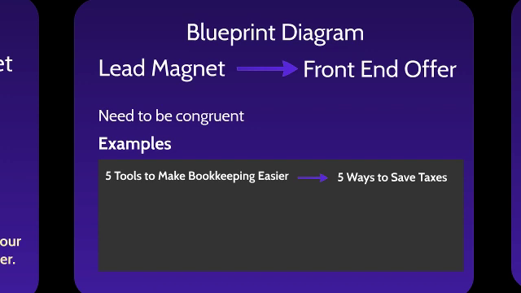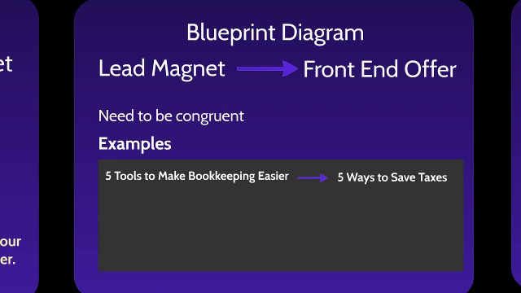So at this point in time, I'm thinking tools, bookkeeping. I would more likely be interested in a software tool that automates my bookkeeping or makes life easier as far as the frustrations that come with bookkeeping. But generally speaking, if you start with the lead magnet first and move on, you create a front end offer that doesn't relate at all to the actual lead magnet.